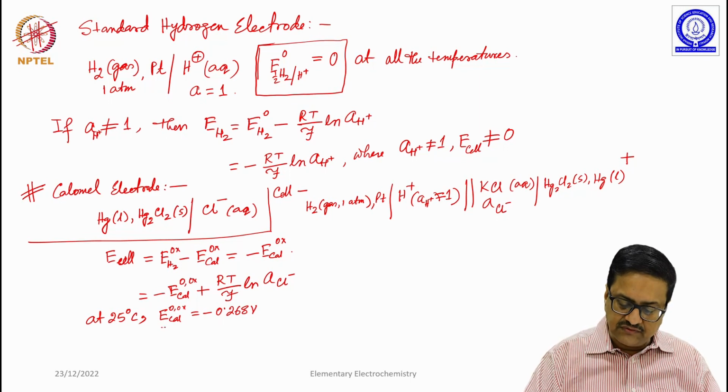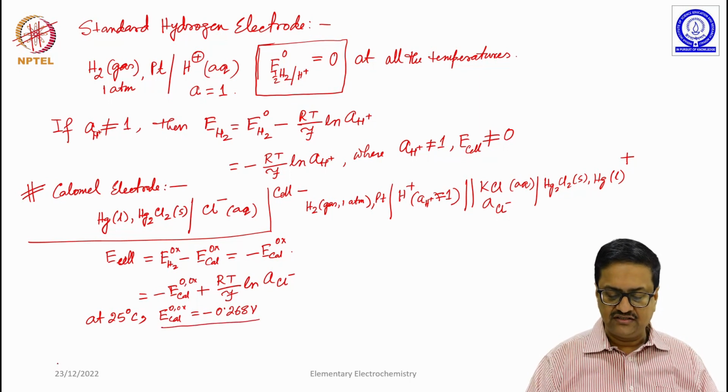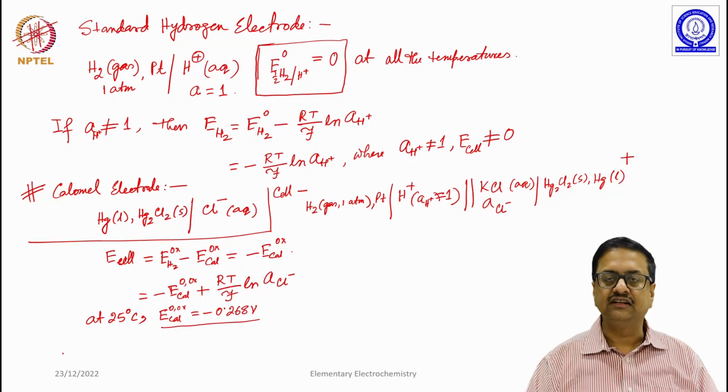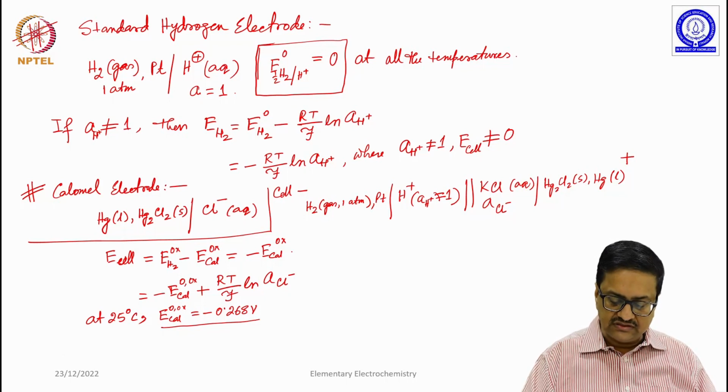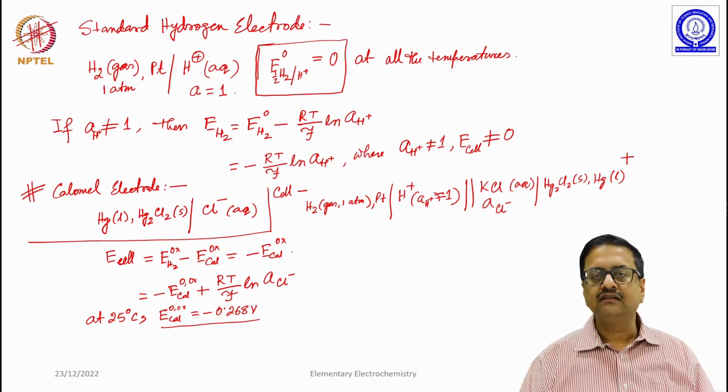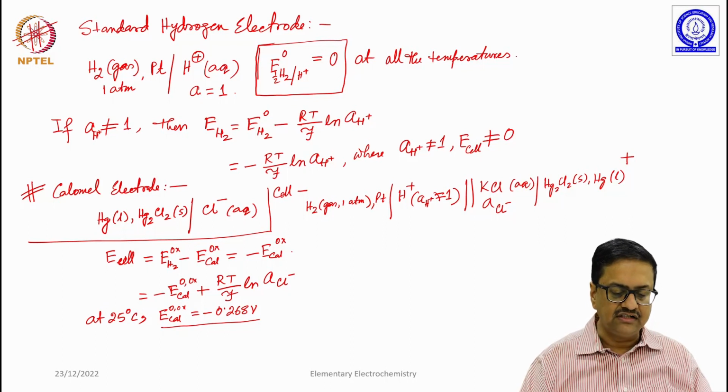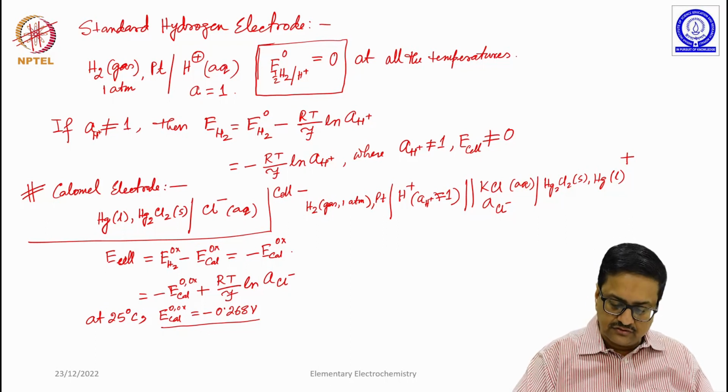So, this is the experimentally determined value for E0 for the calomel electrode in the oxidation mode. So, it means that this is lower than the hydrogen electrode.